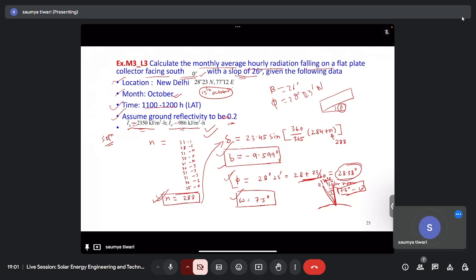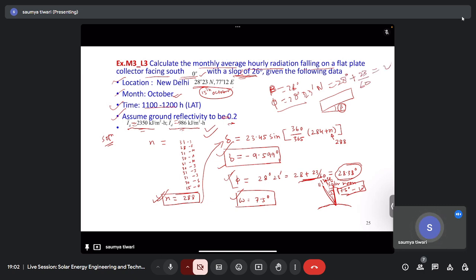So let's quickly write down what is given in the question. The tilt angle, the slope, is given as 26 degrees, so beta will be 26 degrees. Phi is given as 28 degrees 23 minutes, so we can calculate it in degrees, it will be 23 by 60.